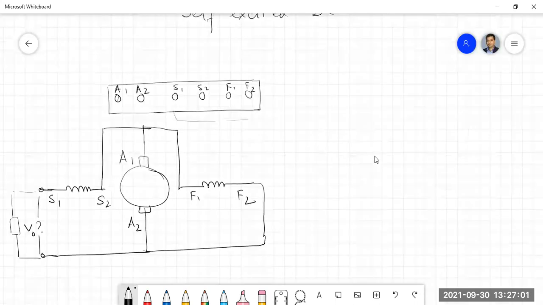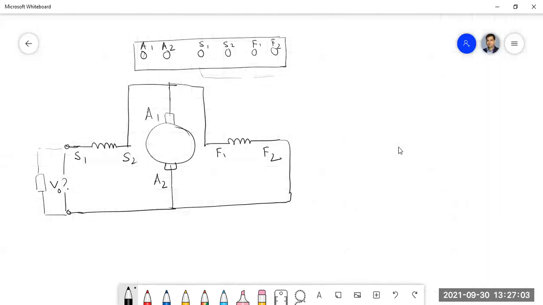Okay. So can you tell me what kind of excitation we are basically using here? A self-excitation. Yes, self-excitation. But series or shunt? Both, sir.